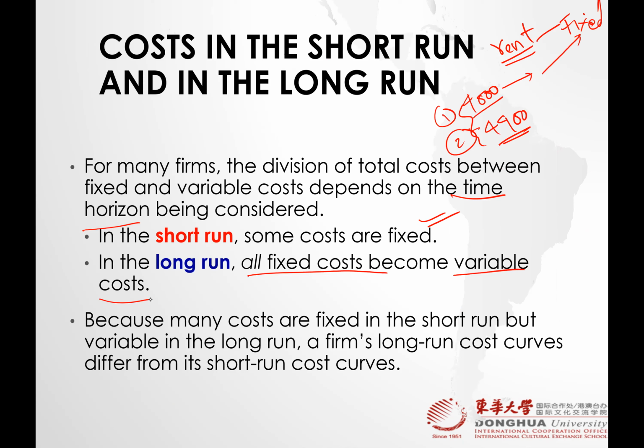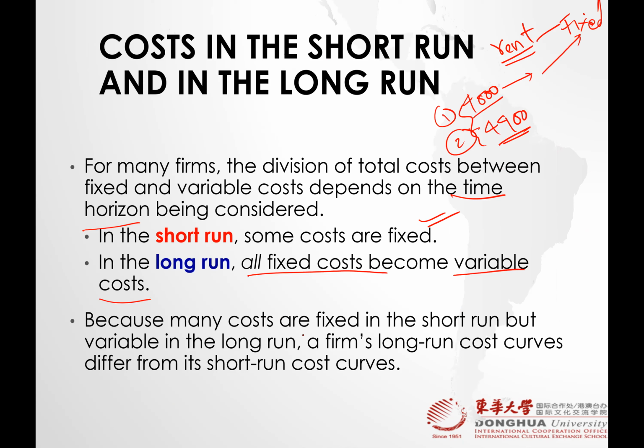First year salary is 20,000, but after 1 year it increases by 10%. Now it's 22,000. In the third year it is close to 25,000. So over 3 years it is increasing. So salaries are variable in the long run, but in 1 year, salaries are fixed. You understand my point, right?